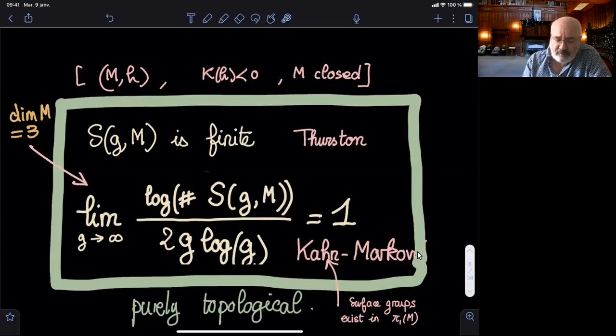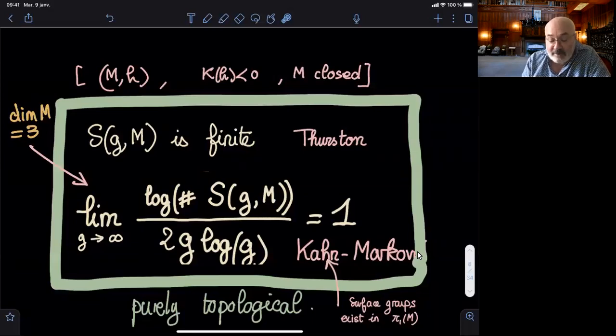Here is the difference with what you do with closed geodesics: you don't only consider g, but you consider g log g, and there is a 2. Whatever. This is a result of Kahn and Markovic.